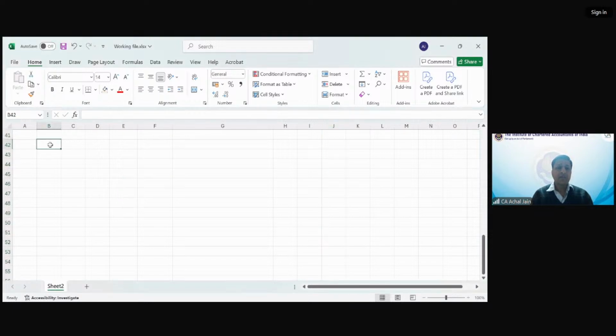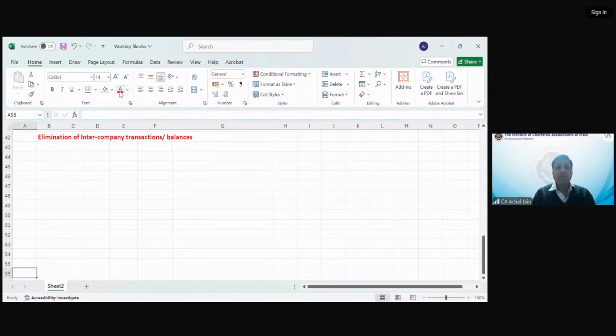All right. So let's move on to elimination first. Elimination of intercompany transactions or balances. It will involve both transactions as well as balances. Now, let's try to understand some of the transactions which may take place between the holding and subsidiary company.